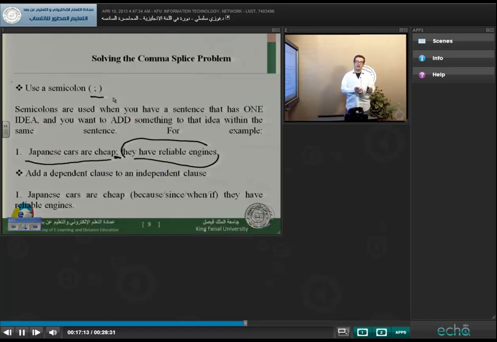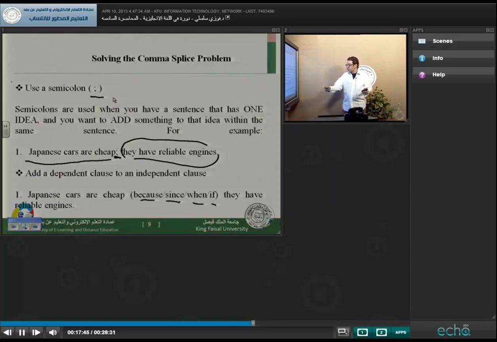So we have a sentence that's independent, it's complete by itself, and we add a dependent clause to it. For example, if we say Japanese cars are cheap, right? And we use one of these magical words. Because, since, when, or if. One of these. But it has to make sense.